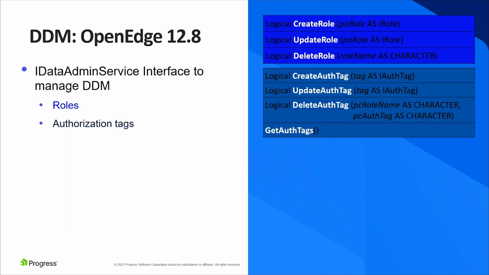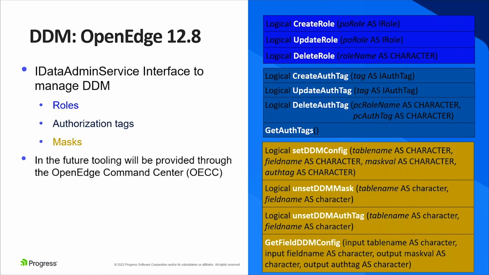Next, we have authorization tags. For that, CRUD APIs are provided in the DDM service. And lastly, for the mask, the DDM service provides set DDM configuration and unset DDM configuration. In the future, tooling will be provided through the OpenEdge Command Center to configure DDM in the system.